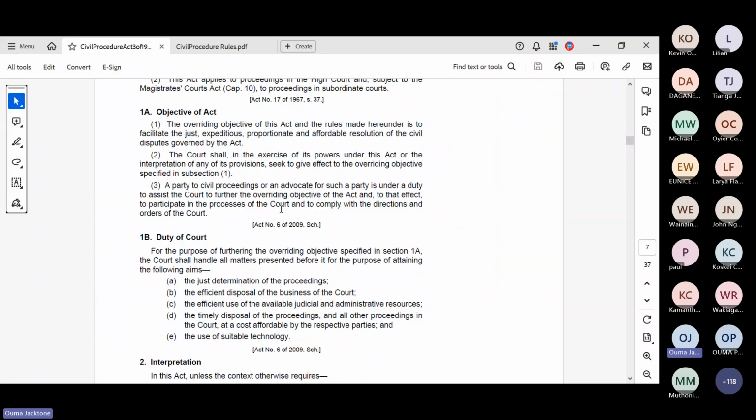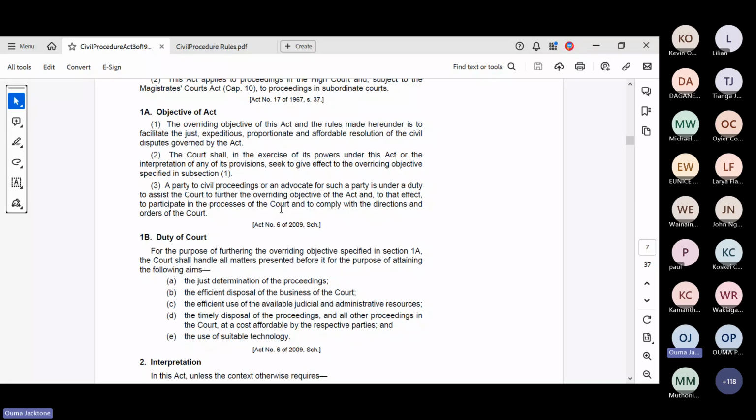Now, these rules, if you read them together with the inherent jurisdiction, it simply says that the court at some point, in a layman's language, can bend the rules to meet the ends of justice. The court sometimes can allow itself to bend the rules so that certain things can be achieved.